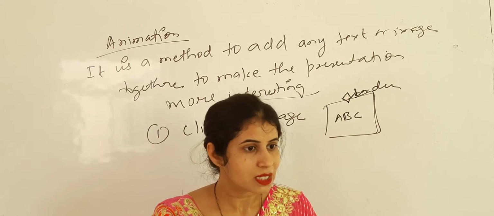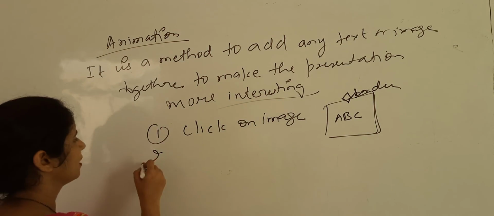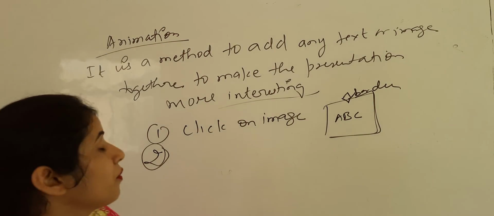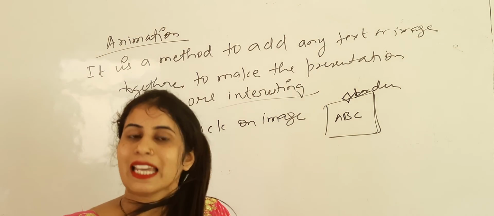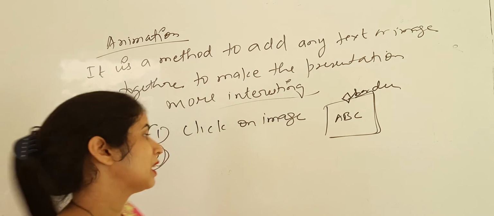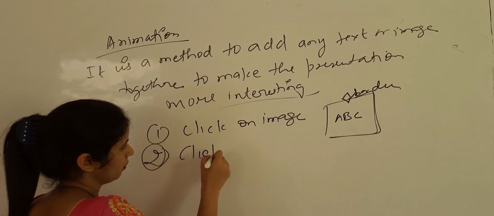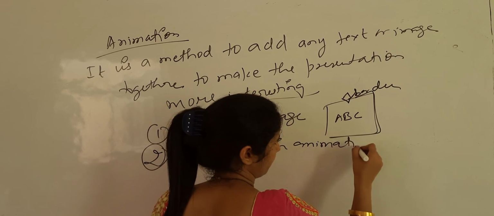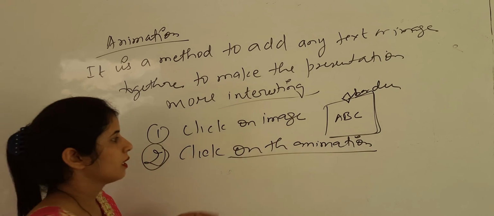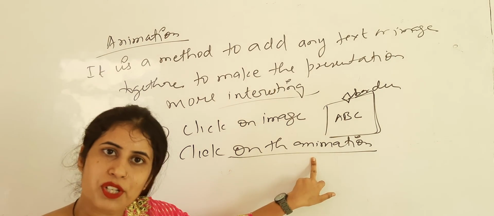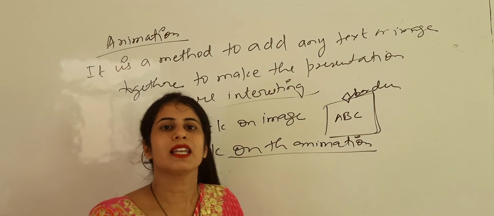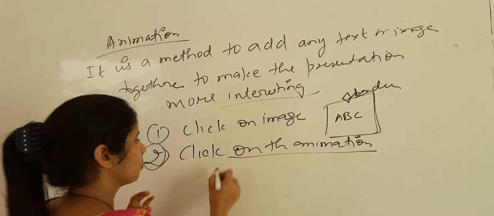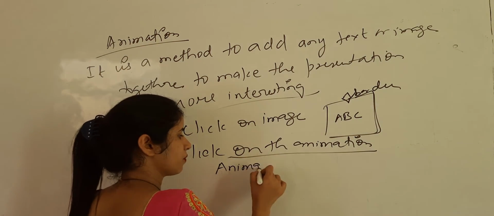Okay. Now the next is how we are able to apply the custom animation. To apply the custom animation, we have to click on the animation tab. After clicking on the animation tab, you are able to see the number of animations that are available there. You can choose 2 methods for it.